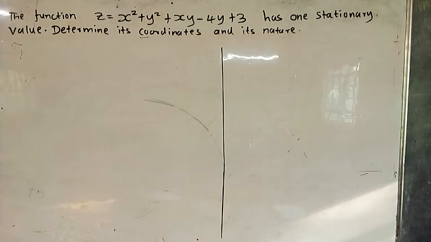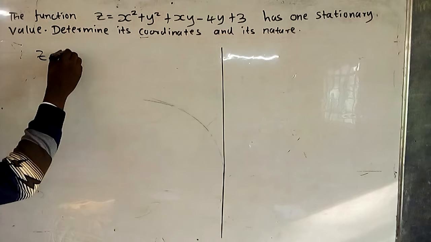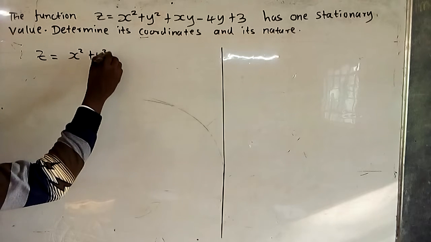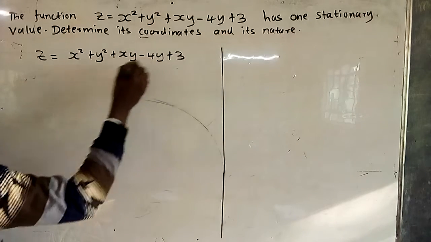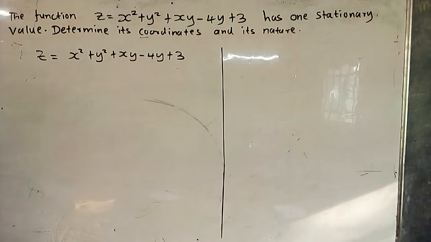The partial differentiation. We start with the partial derivatives. We must get all the 6 partial derivatives. So you'll be given a function z equal to x squared plus y squared plus xy minus 4y plus 3. So you can see z is a function of both x and y, isn't it?